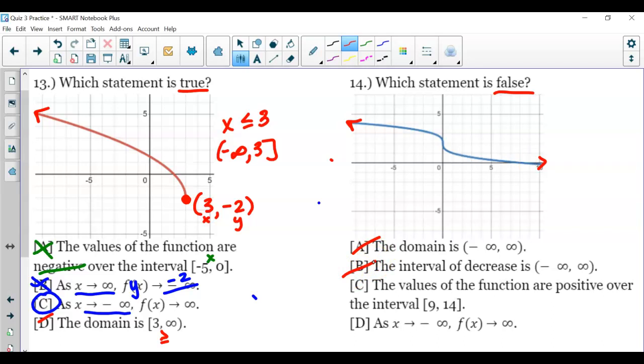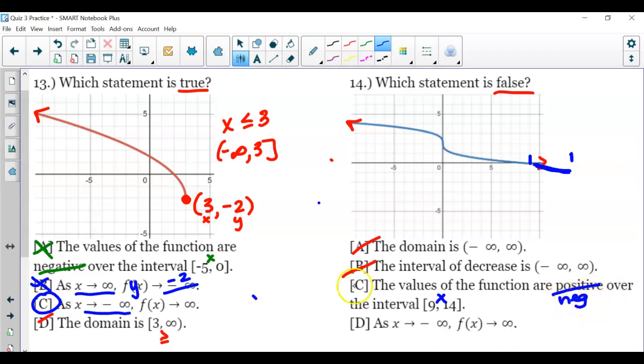The values of the function are positive over the interval 9 to 14. So again, interval, this is your x values. So from 9 to 14, keep in mind that this graph is continuing on, and notice how the graph is continuing on here. Well, that's below the x-axis, so the values are actually negative, not positive.